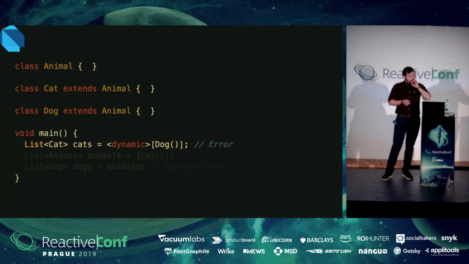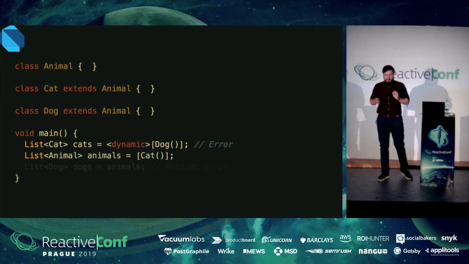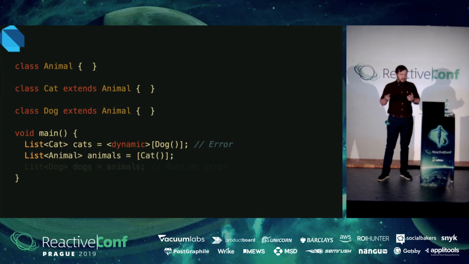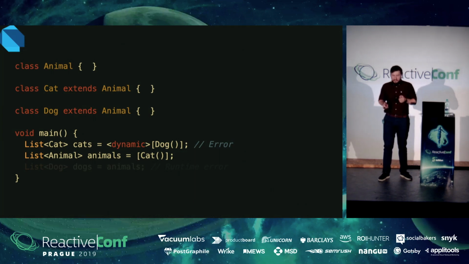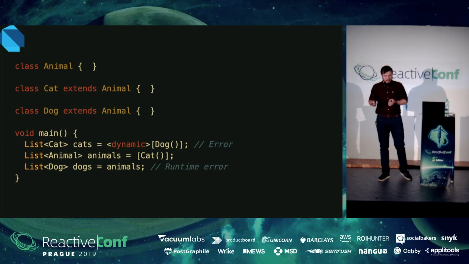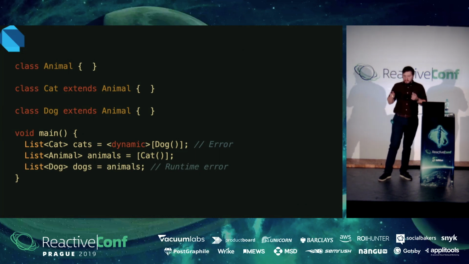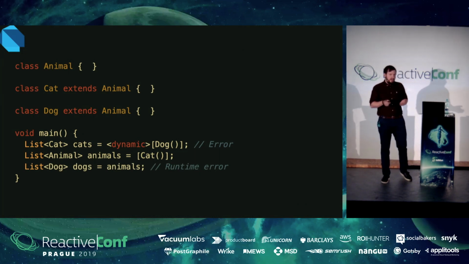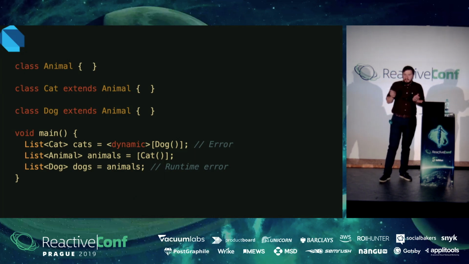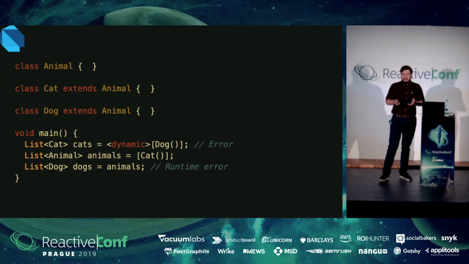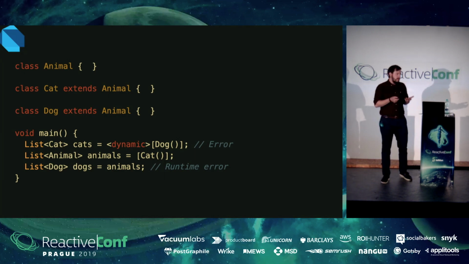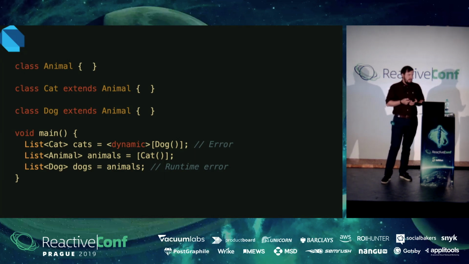Or if we imagine another example, if we create a list of animals and assign a cat, it's OK because cats are animals, but if we try to create a list of dogs and assign animals, we will receive a runtime error because at compile time, the compiler will have no idea what is actually in this array. And it's not super good because it would be nice to have this error at compile time, but still.